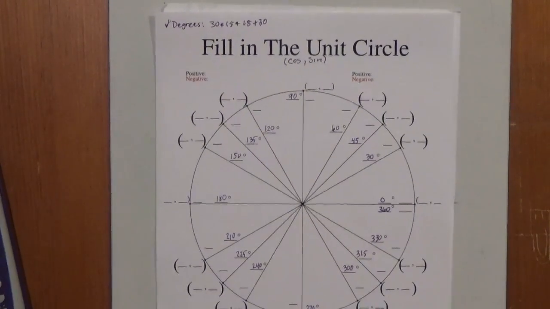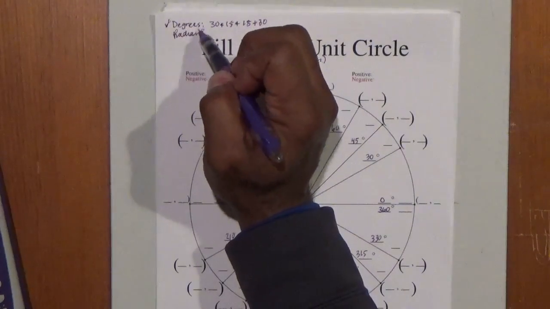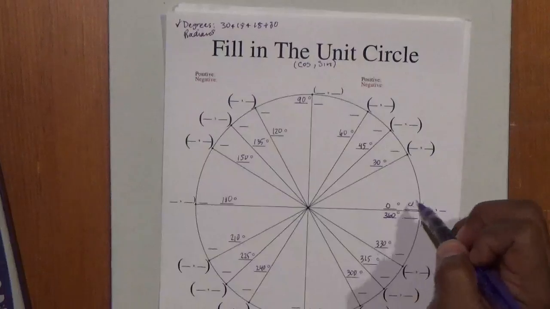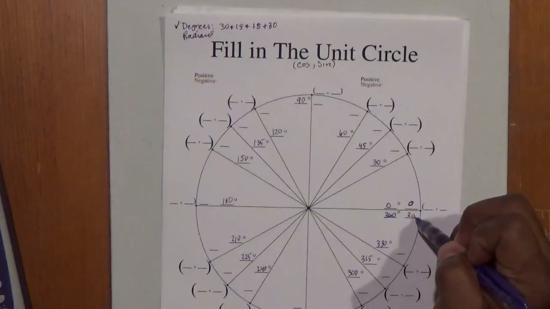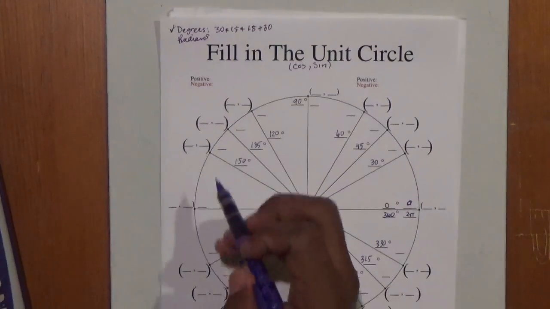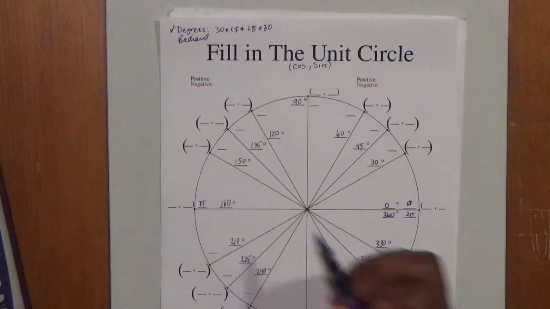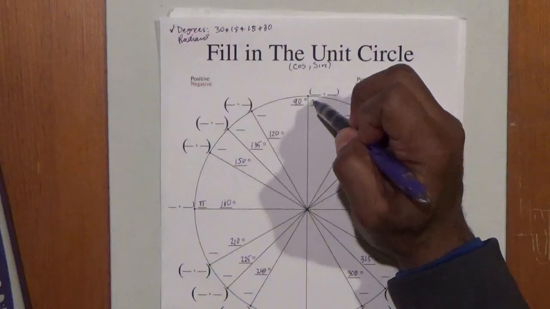Now our radians. We're starting at 0. If we go all the way around, we know we go from 0 to 2 pi. I usually take half of that, which is pi, 180. Half of pi would be pi over 2.